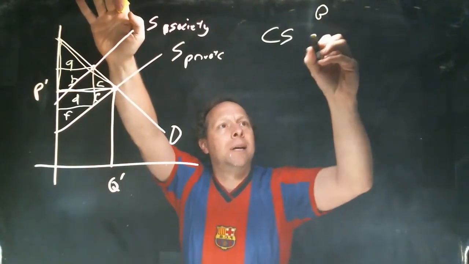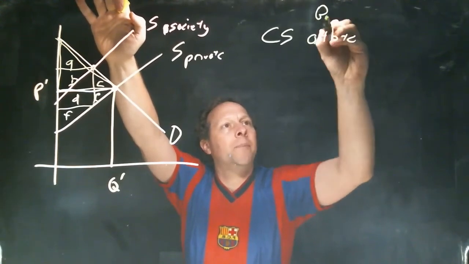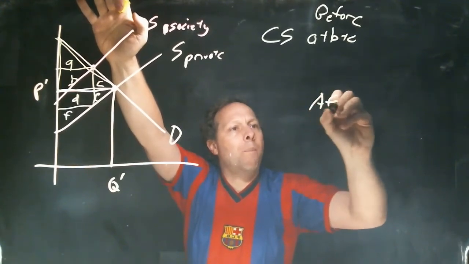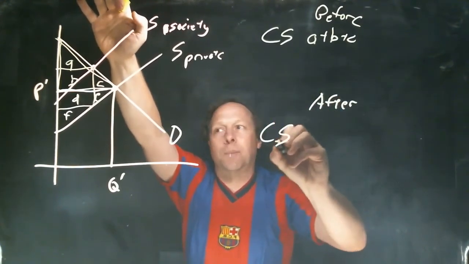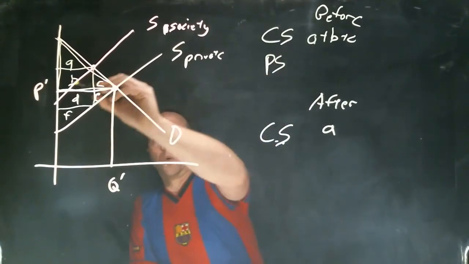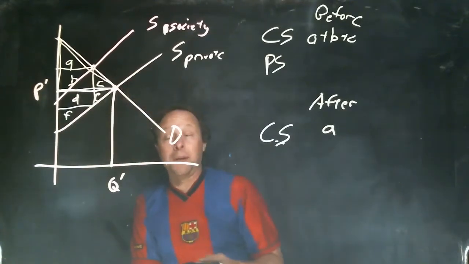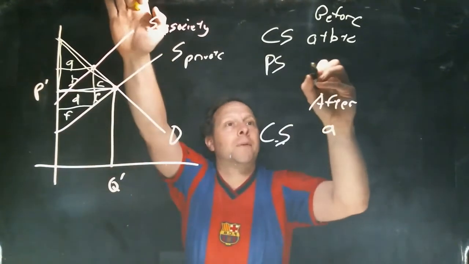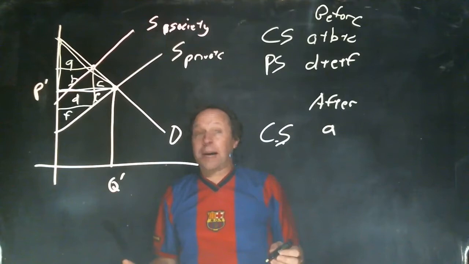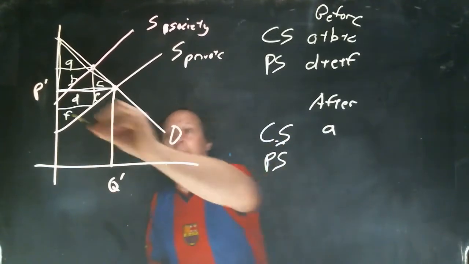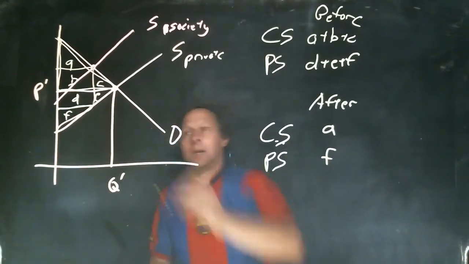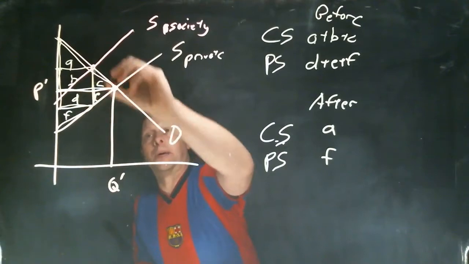So before, it's A plus B plus C, and after, the consumer surplus is just A, right? Producer surplus before was this area below price and above the supply curve, so it would be D plus E plus F. After the tax, the producer surplus is just the area below this curve here, so it's just the area F. Government revenue being collected here would be B plus D, right?